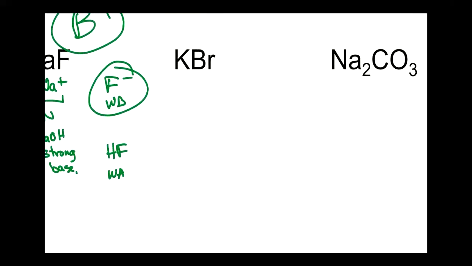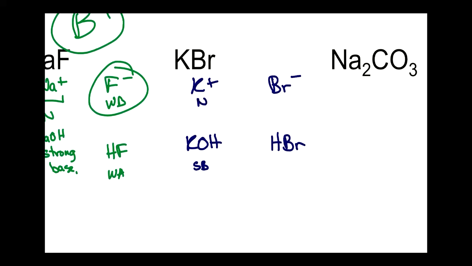All right, KBr. We've got K+ and Br-. K+ is the conjugate of KOH. Br- is the conjugate of HBr. KOH is a strong base, so K+ is neutral.